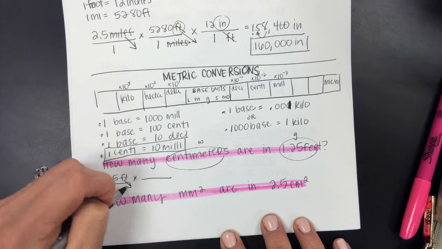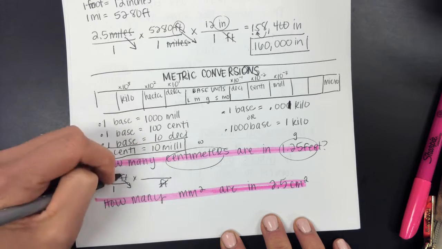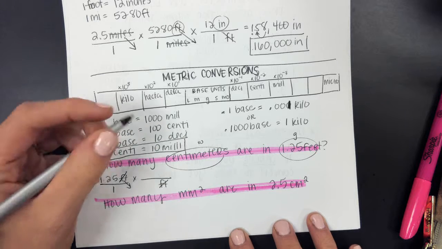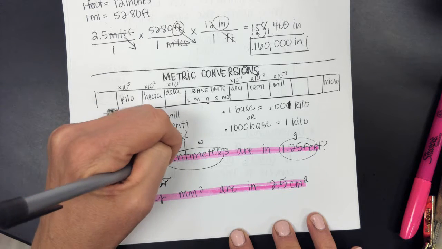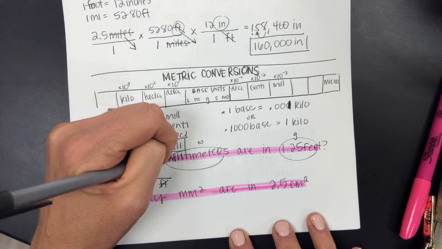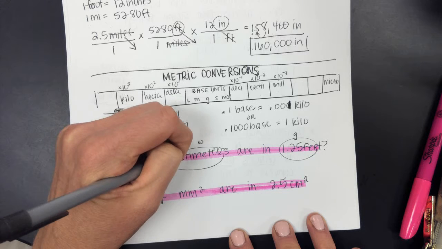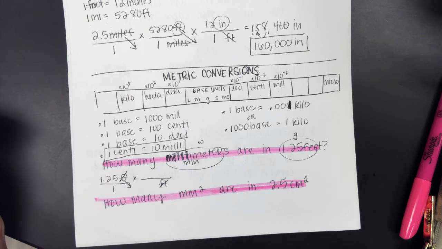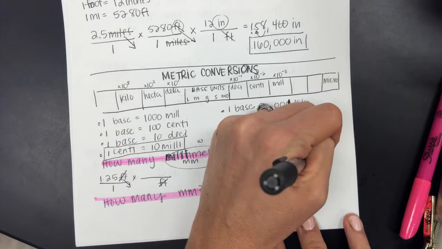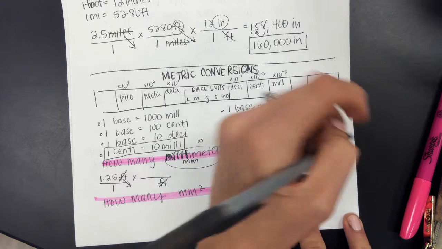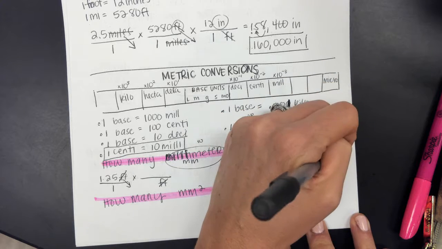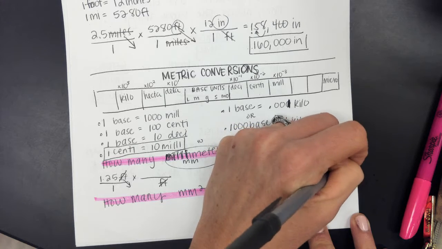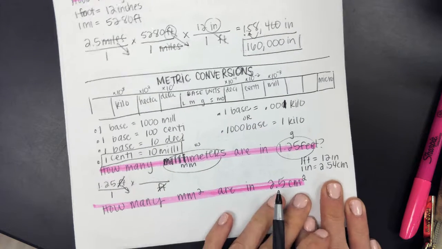I need to drop my units because I definitely want to cancel out feet. Sorry about that, we're going to say centimeters, because you can get from feet to centimeters. So here's your conversion.